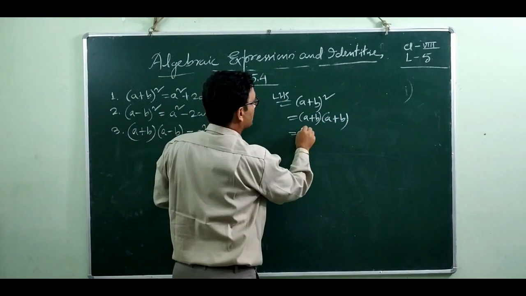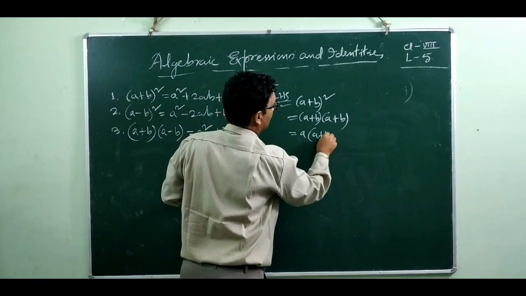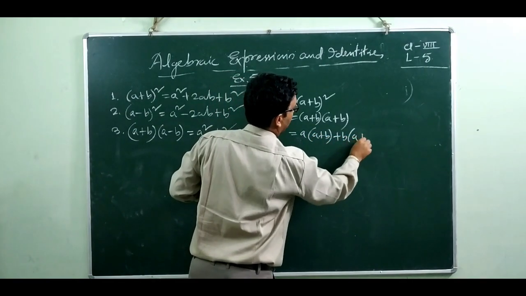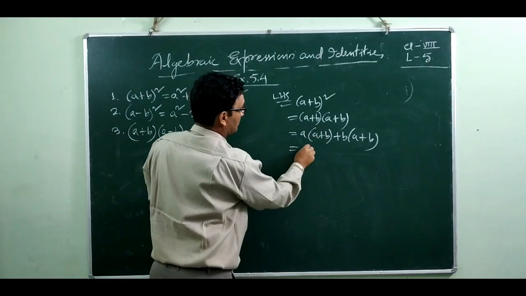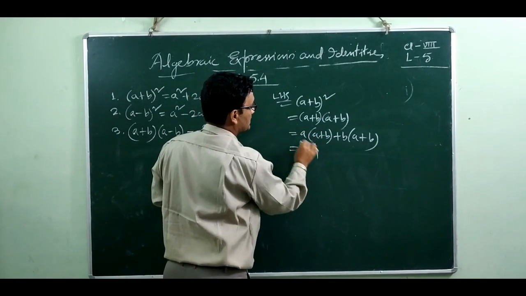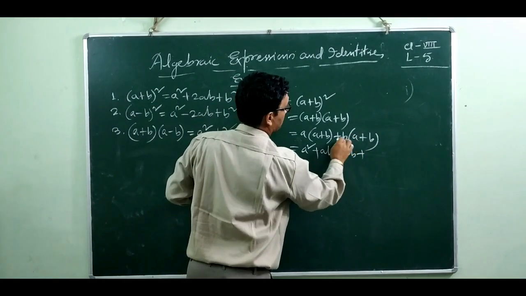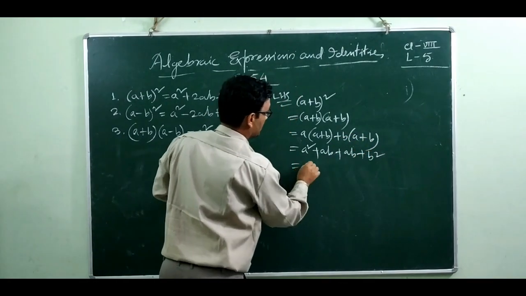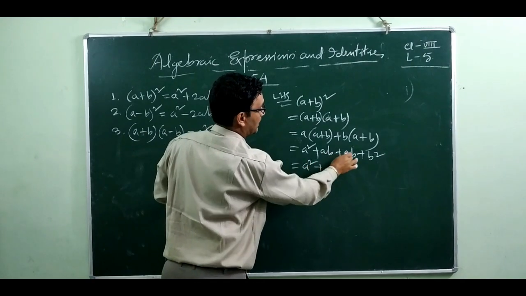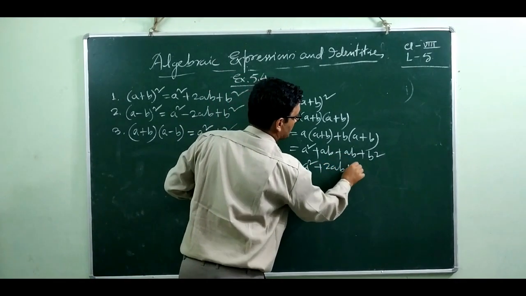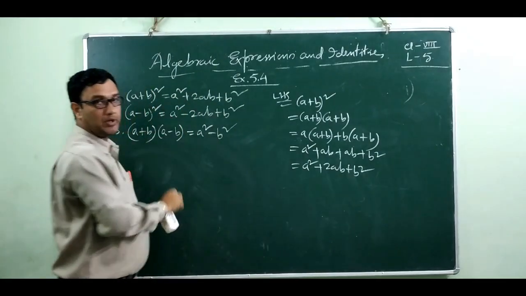Now if you multiply this one, a into a means a square, plus into plus, a into b means ab, plus b into a means ab, plus b into b means b square. That means a square plus ab plus ab means twice ab, plus b square. You see your right hand side is coming out.